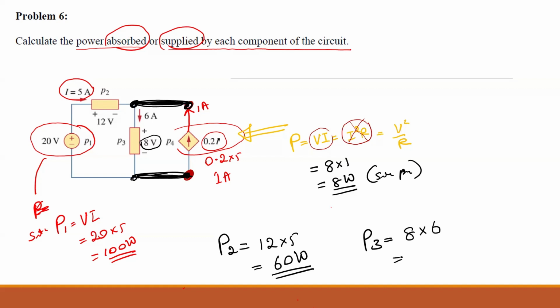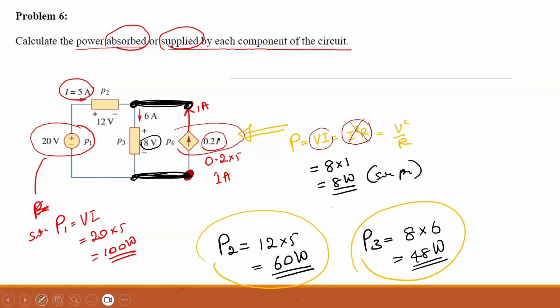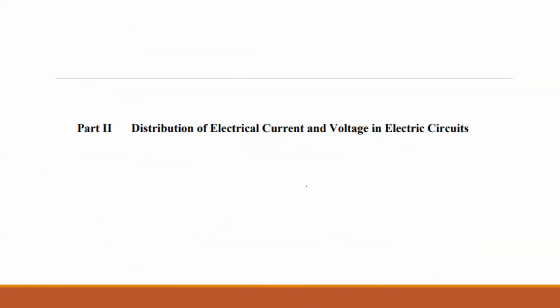So that is 8 times 6, 48 volts. So now you can see the power consumed by the resistors equals the power supplied by the sources. So 108 equals 60 plus 48. Are we good? Yeah, that made sense. Okay. That is the basic stuff.